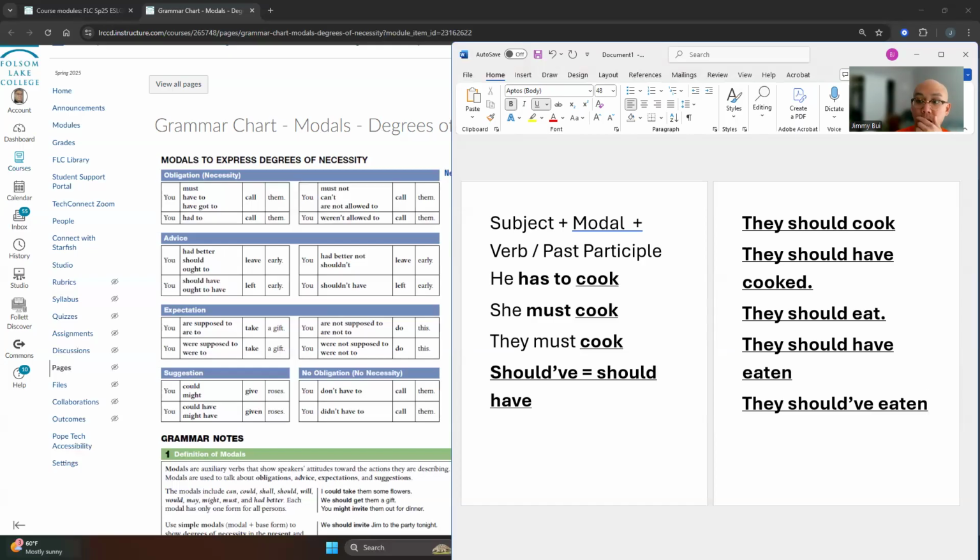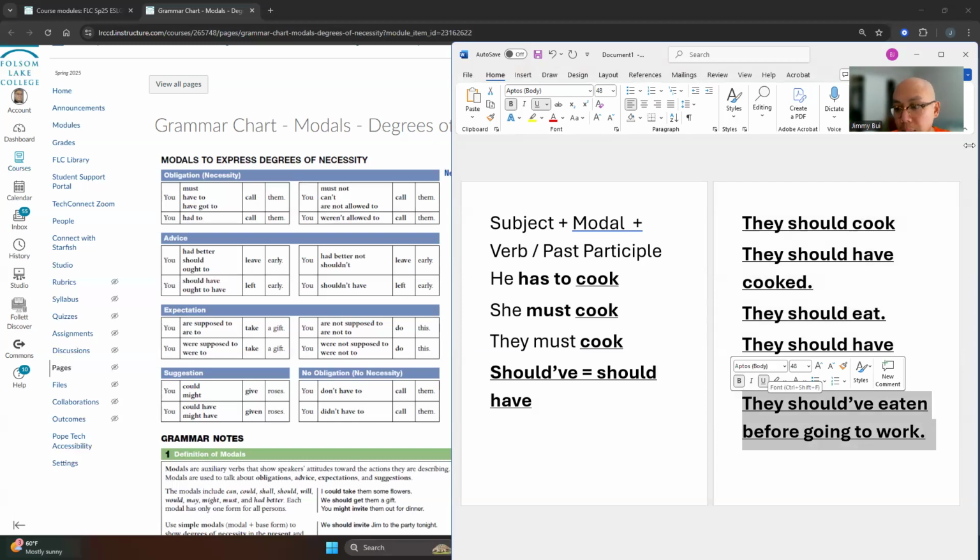And so this is going to be giving advice for a past action that is already finished, but an example would be they should have eaten before going to work. So what this sentence means, they, subject, are at work, but they did not eat.